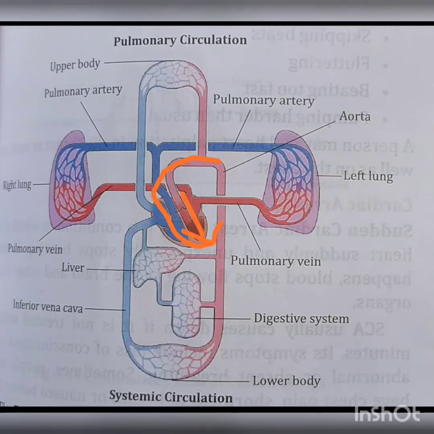From the aorta, blood enters into systemic circulation throughout the body tissues until it returns to the heart as deoxygenated blood via the superior and inferior vena cava, and the cycle repeats.